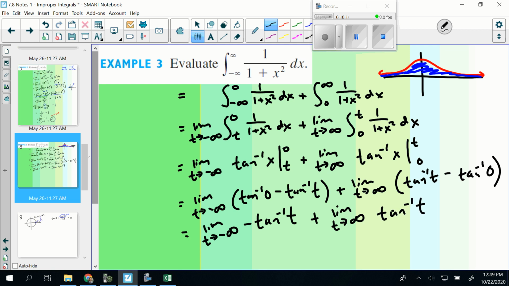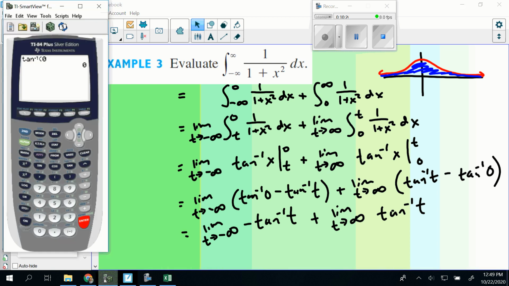So what are these approaching as we go to infinity here? This one probably be easiest to kind of look at the graph of, so let's graph out inverse tangent here. Make sure you're in radians for this. So if we graph it out, here's the graph.